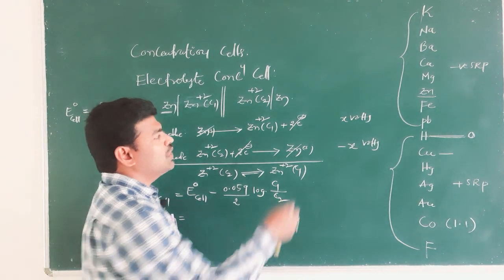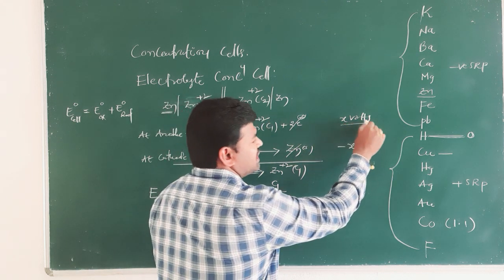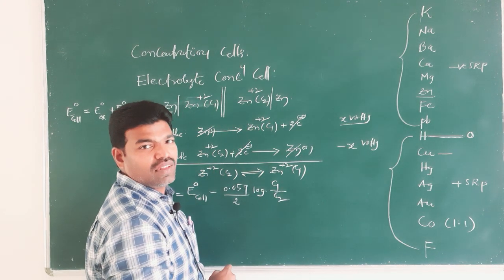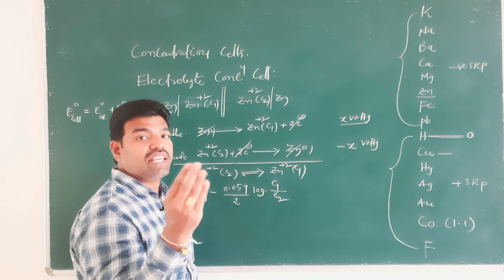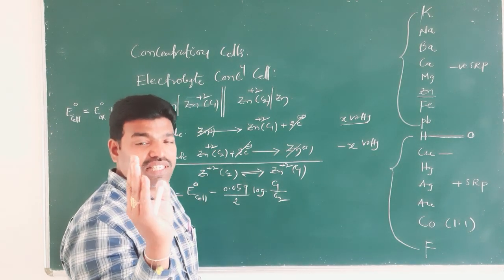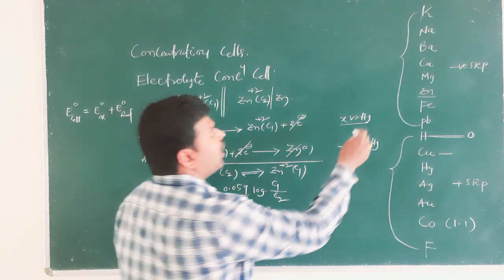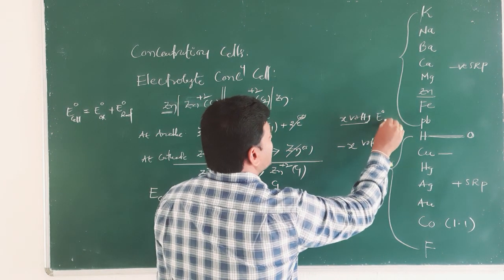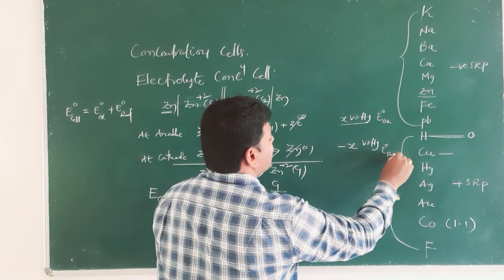So due to the oxidation of zinc X volts is generated, and due to the reduction of zinc the same potential is generated with opposite sign. This is called E naught oxidation potential, and this is called E naught reduction potential.